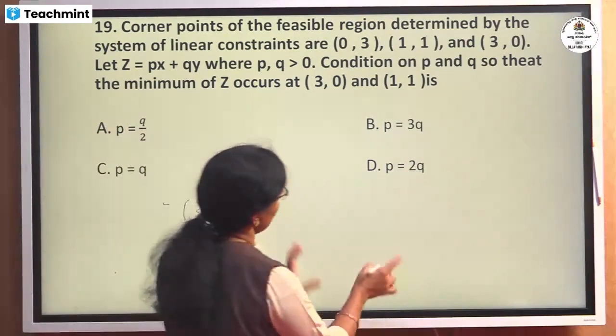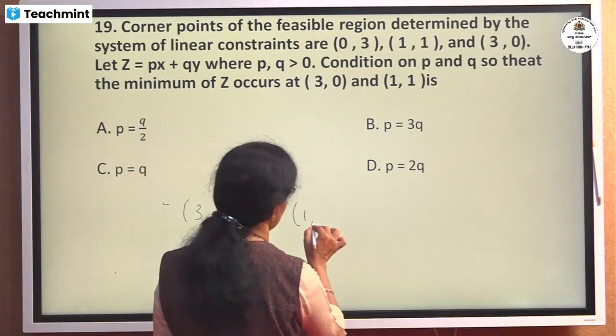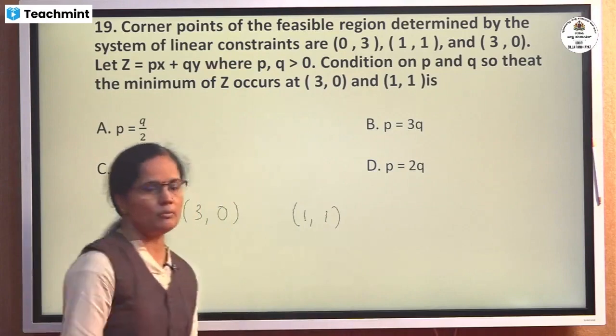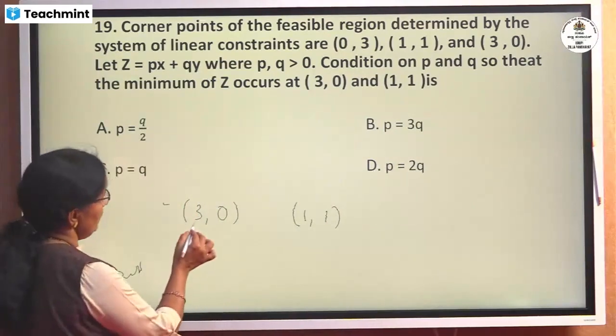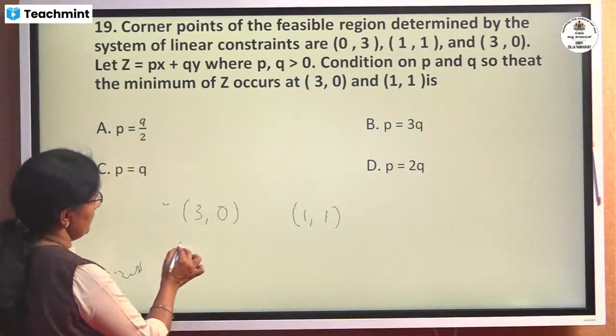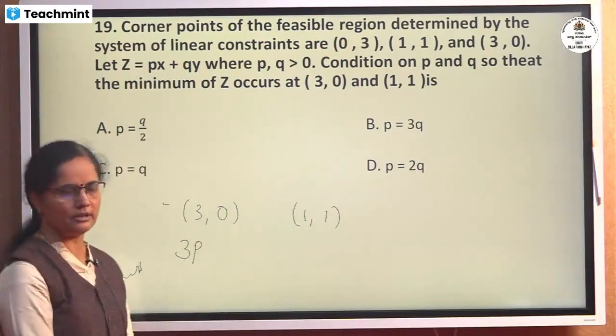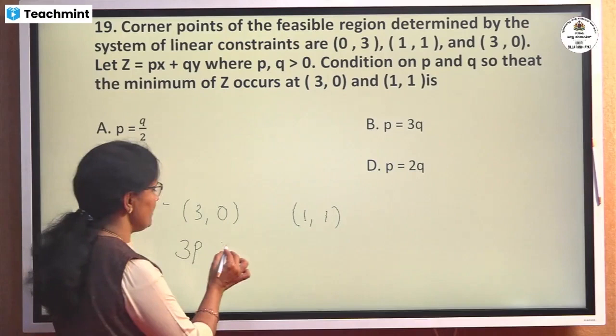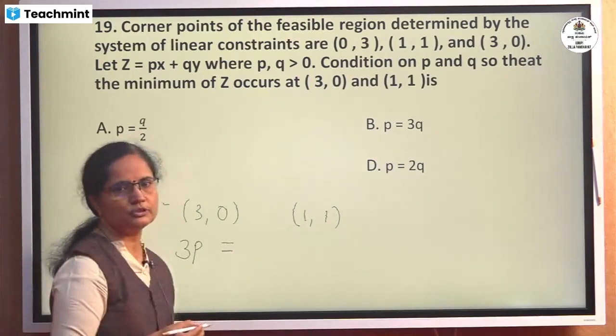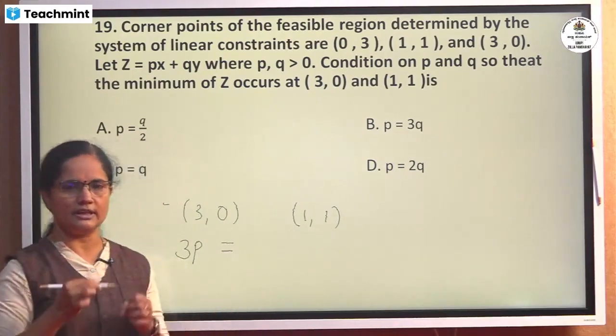At the line joining these two, the minimum occurs. Okay, 1, 1. So if I calculate the objective function at this point, what will be the answer? 3p plus q into 0 is equal to 0. This must be equal, since you know that the minimum value is attained at 2 points.